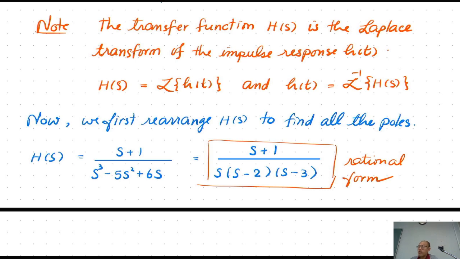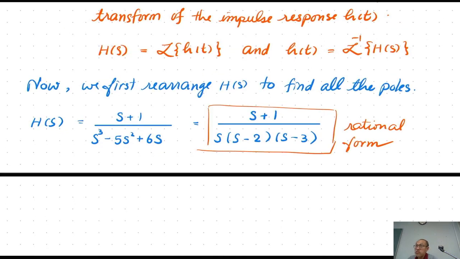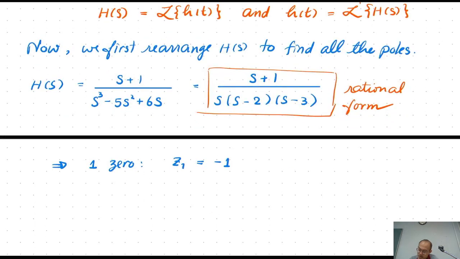So can you locate the zeros and the poles? There is 1 zero, right? There's 1 zero, and that is negative 1. So z1 equal to negative 1. That is the only zero in H(s). How many poles are there? 3 poles, right?